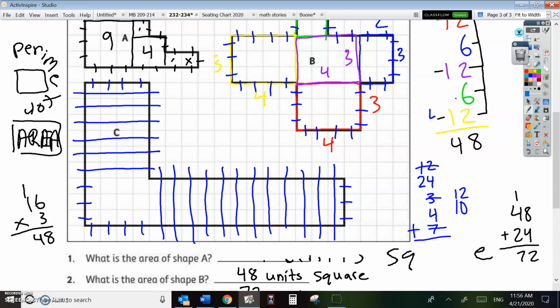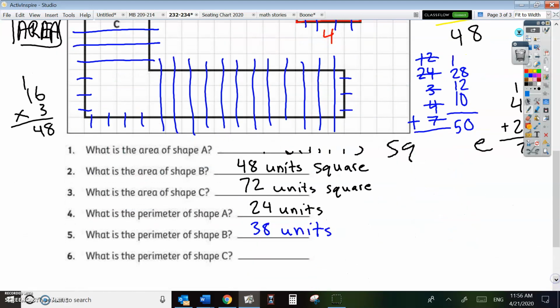And 4 and 24 make 28. And now 8 plus 2 is 10. So there's a 0 there. That 1 there. So there's 3, 4, 50. 50 units is the perimeter.